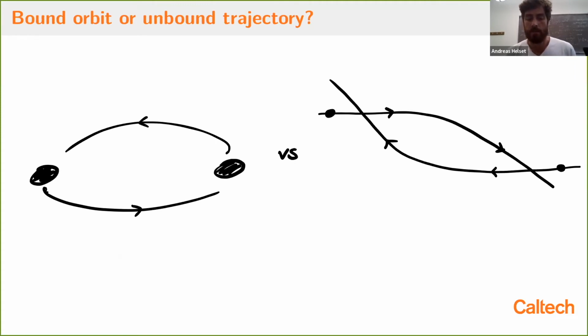That was the first objection. The second one is, what about this? Is it the bound orbit, or is it this unbound scattering event that we really care about?